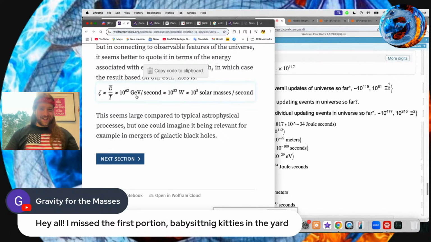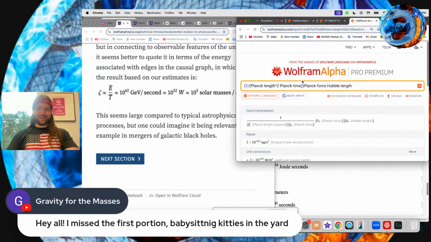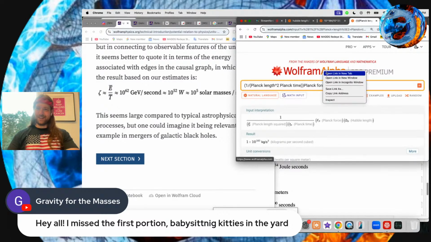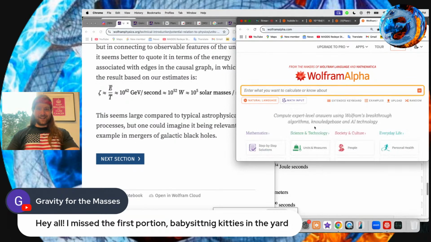Again, how did he know? You're looking at this. It's about 10 to the 52 watts. That's a power unit. That seems large compared to a typical astrophysical process, but one could imagine it being relevant for a larger merger of galactic black holes. And again, this is just crazy, the level of intuition here. Hold on, 10 to the 52 watts.